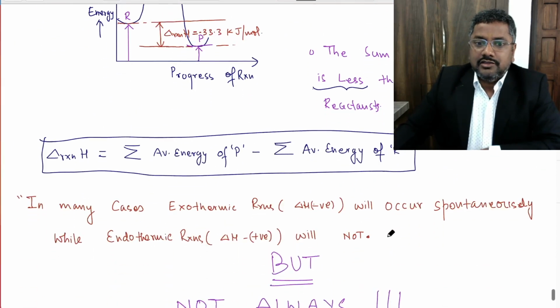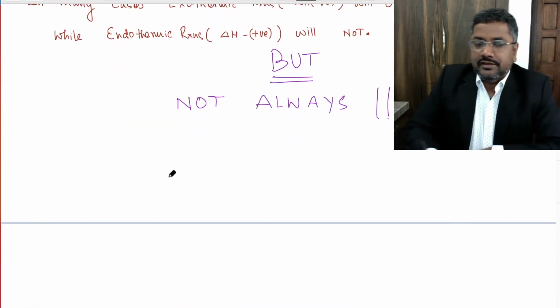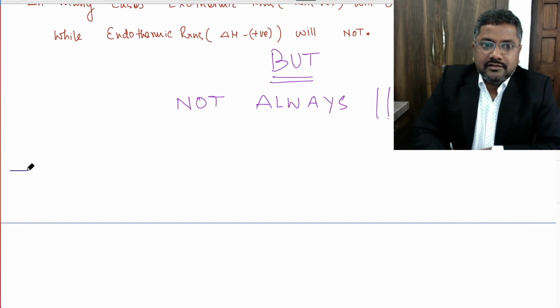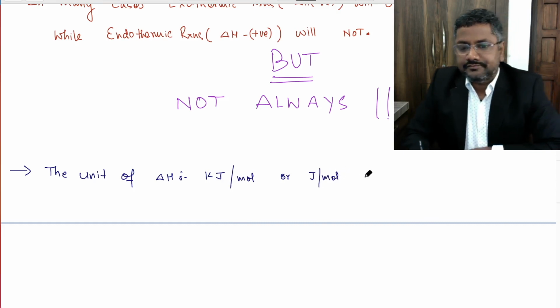So the unit, next point I am taking, the unit of delta H is kilojoules per mole or joules per mole, right?